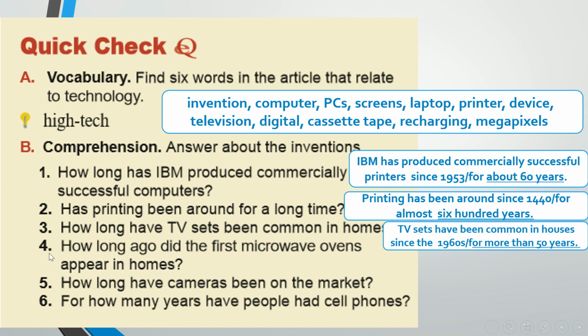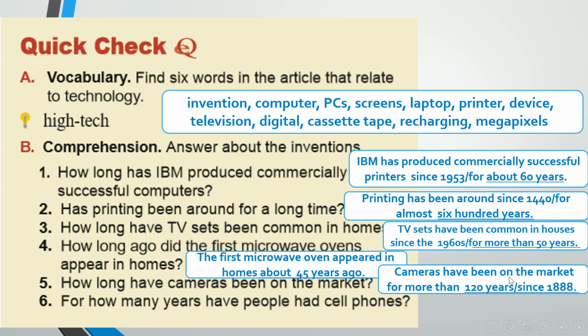Number 4. How long ago did the first microwave ovens appear in homes? The first microwave oven appeared in homes about 45 years ago. Number 5. How long have cameras been on the market?